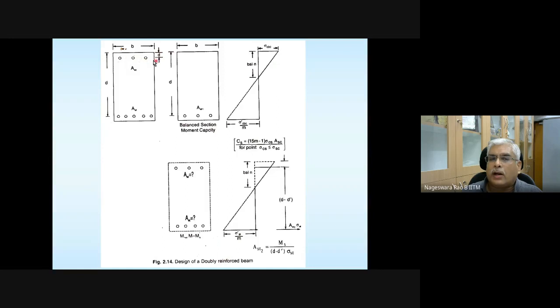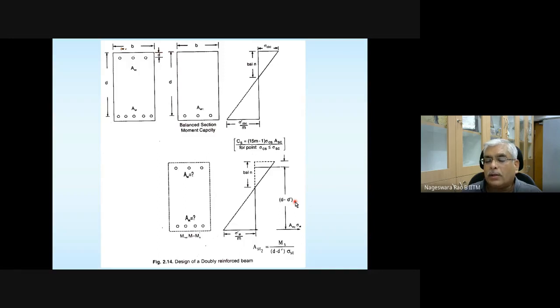So the lever arm between the compression steel and the additional tensile steel that you are providing, as shown in the figure, is D minus D prime.